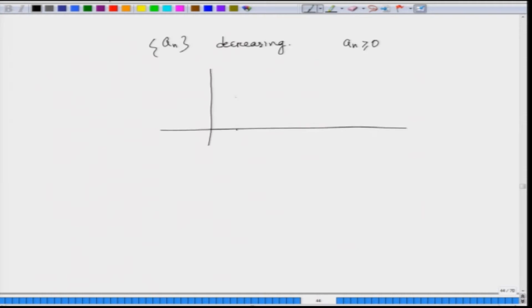So, we have a 1 somewhere here, a 2 is here, a 3 is here, a 4 is here. It is a non-negative decreasing sequence. Now, we are adding the values of this.